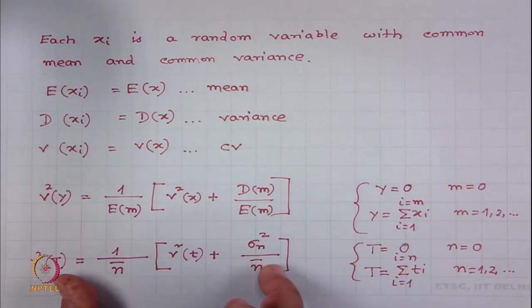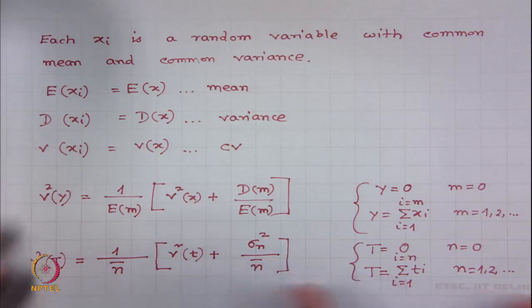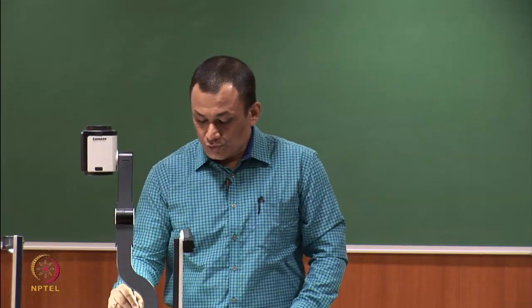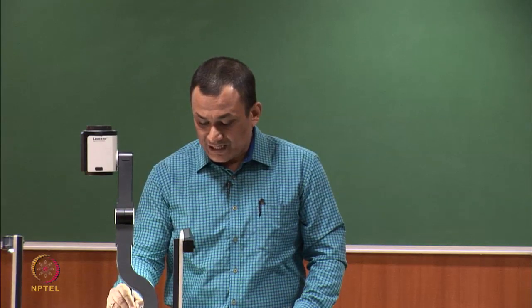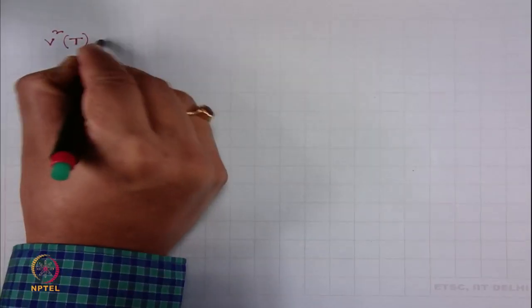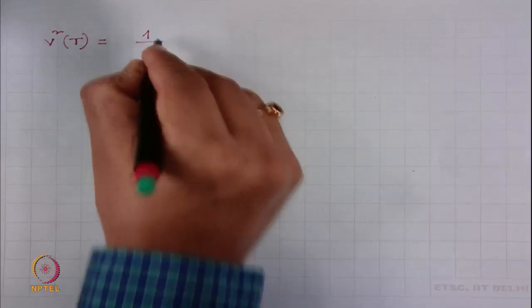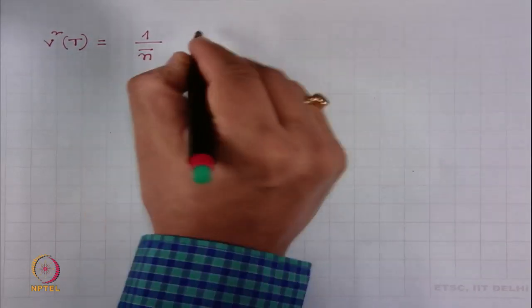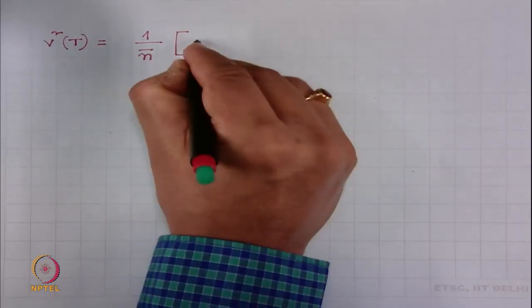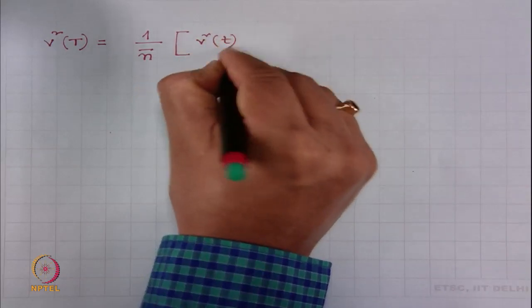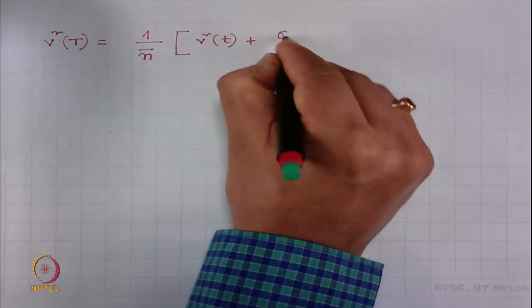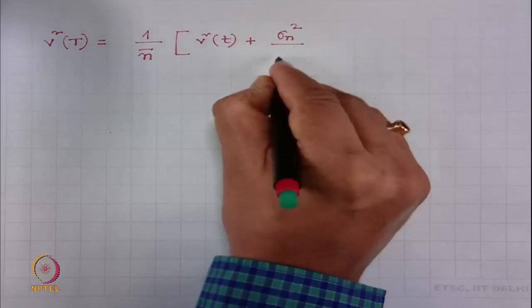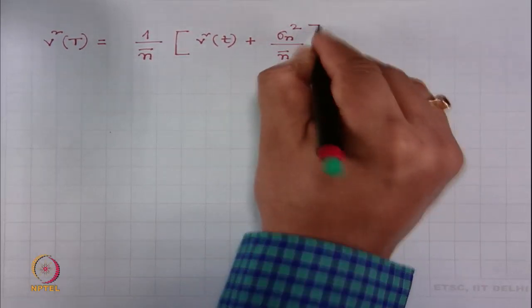We will now work with this expression. So, the square of CV of sliver fineness is equal to 1 by n bar times the square of CV of t, plus sigma n square by n bar.